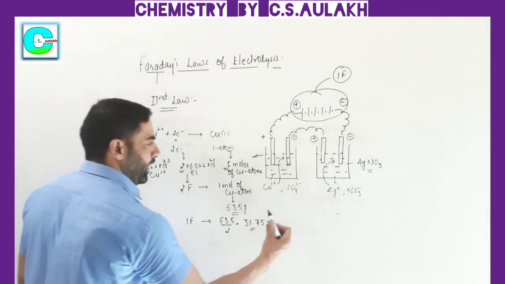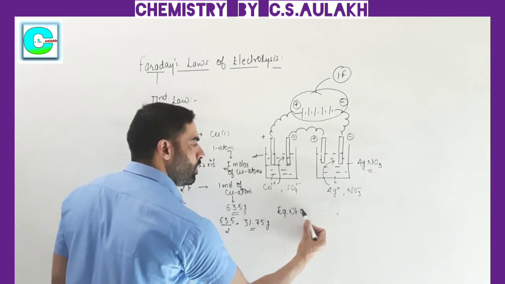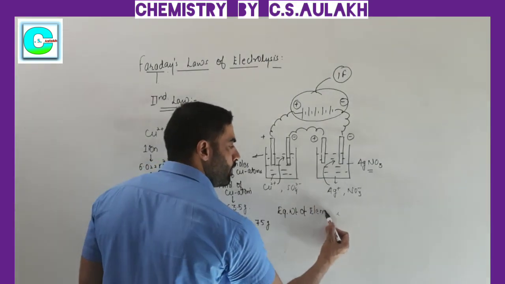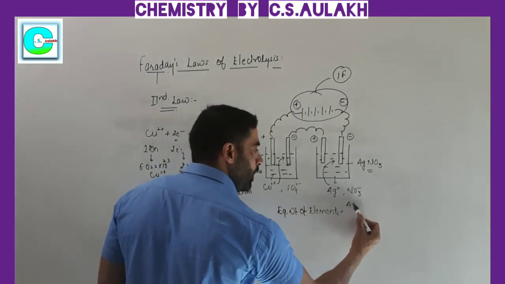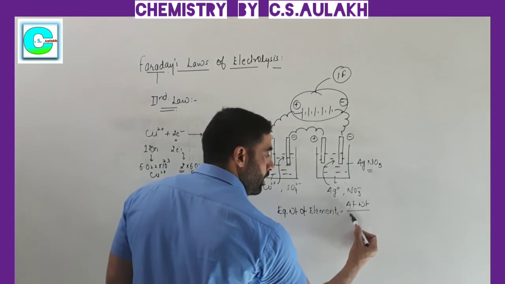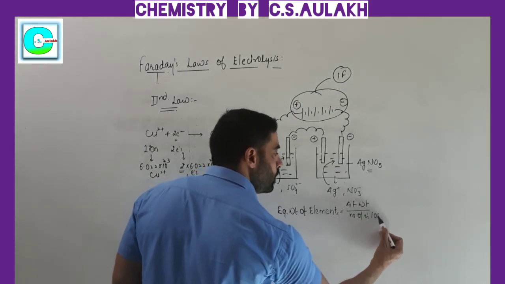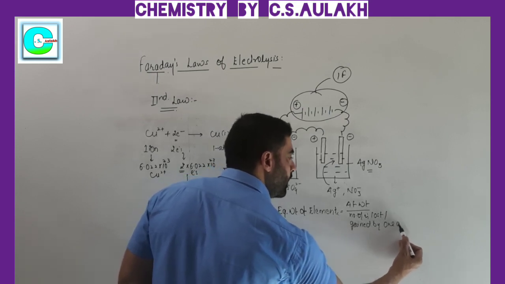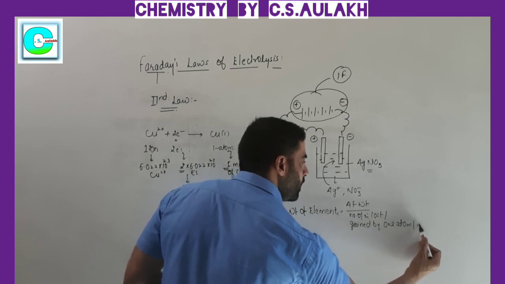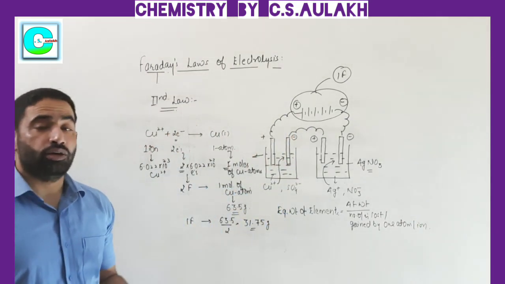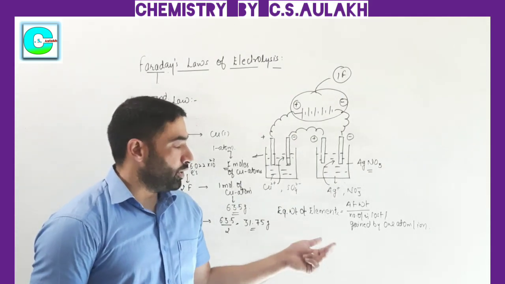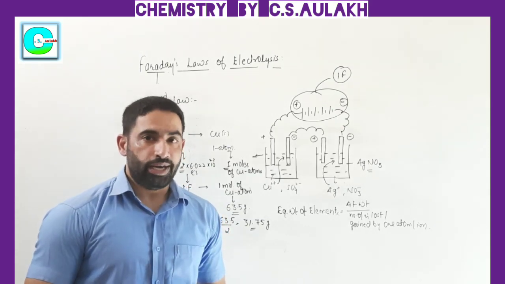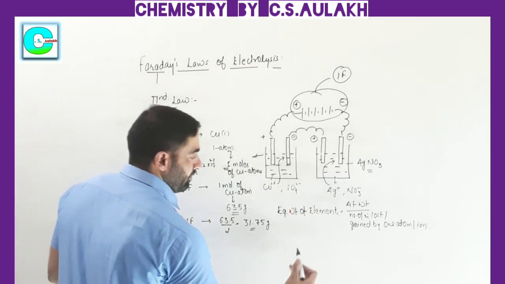We know the equivalent weight of an element is equal to its atomic weight divided by the number of electrons lost or gained by one atom or ion of the element. So if we divide the atomic weight of an element by the number of electrons lost or gained by one atom or ion of the element, we can calculate the equivalent weight of the element.